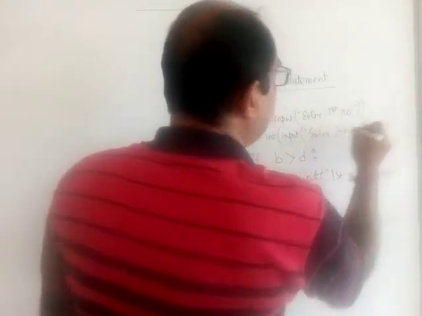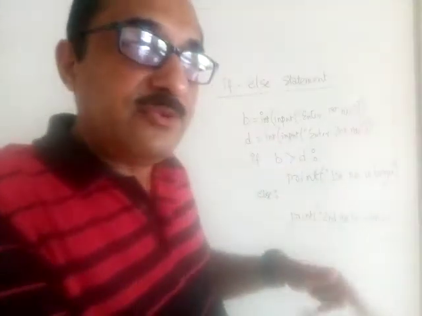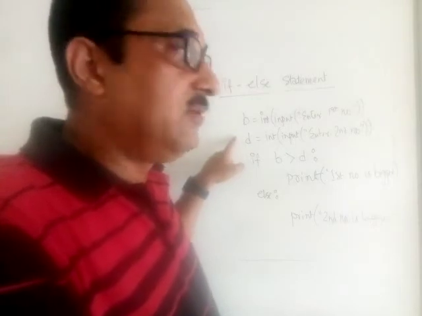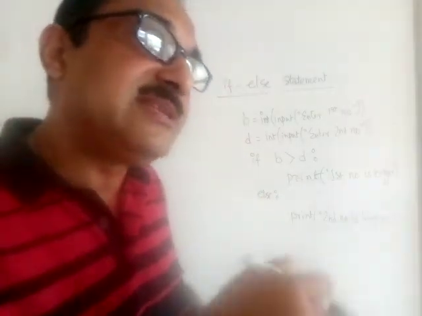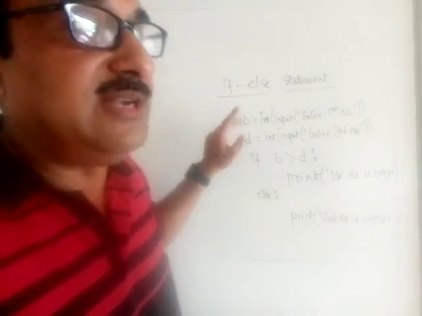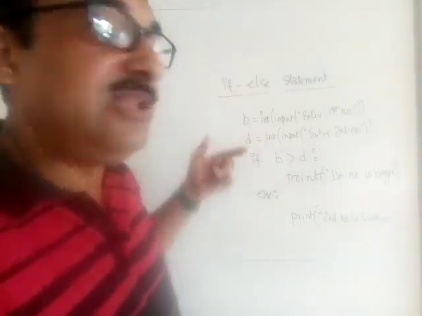So the user is supposed to input two numbers here. I do not know when the program will be run what the user will input. Imagine the user inputs two dissimilar numbers. In that case, either b has to be bigger or d has to be bigger than b.